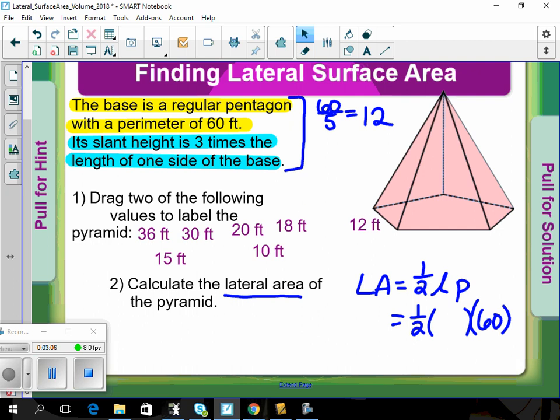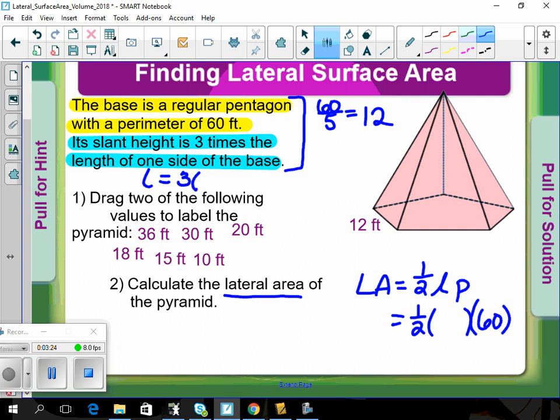So 12 is one of the sides. Do you agree? But where the 36 came from, you just jumped ahead, was to multiply it by 3, because it's 3 times that, right? So our slant height, our L, is 3 times the length of one of those sides. So the slant height is actually 36.